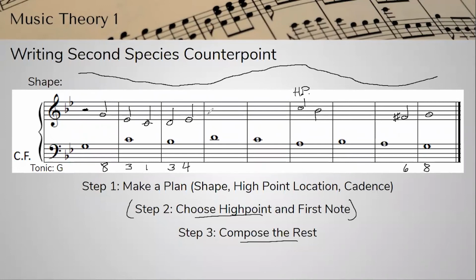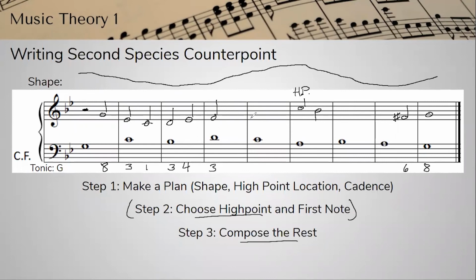So we could go in the upwards direction, which is what we want our shape to do. So we could go up by step to D to F, which is a third. So that's great. So we resolved our dissonance fourth up by step to F. Okay, so very nice. All right.